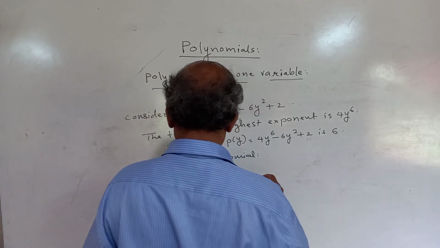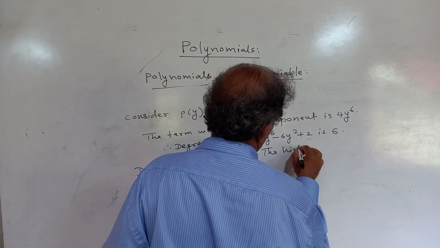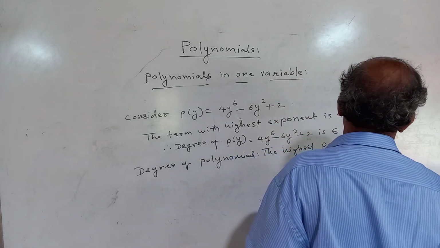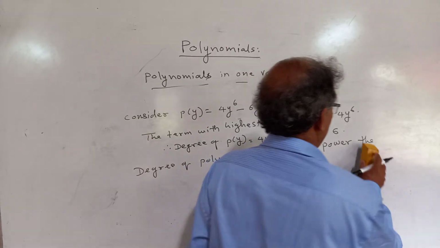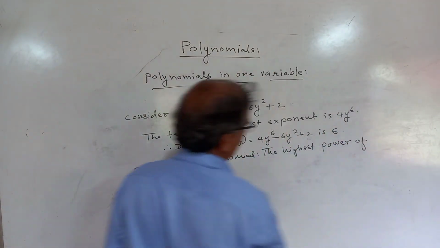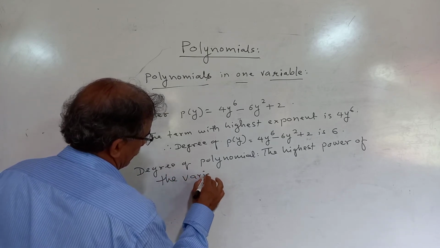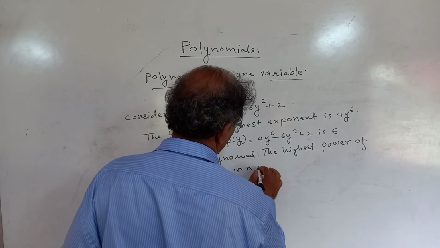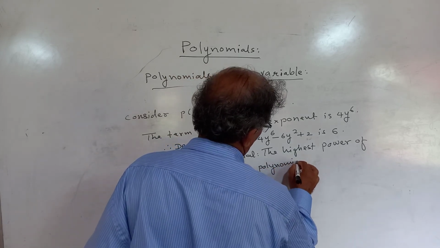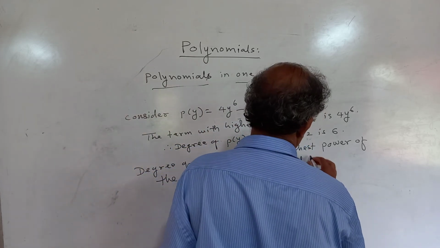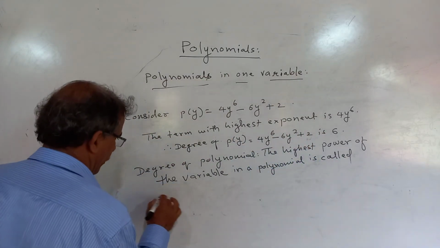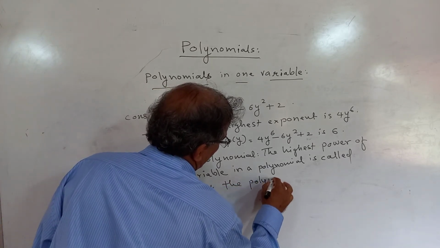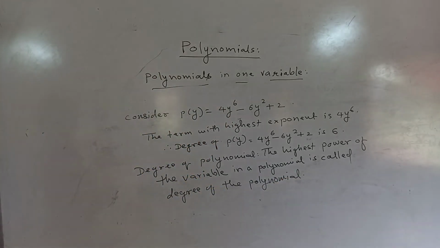The highest exponent or the highest power of the variable in a polynomial is called the degree of the polynomial.